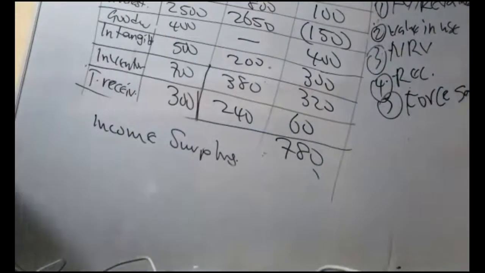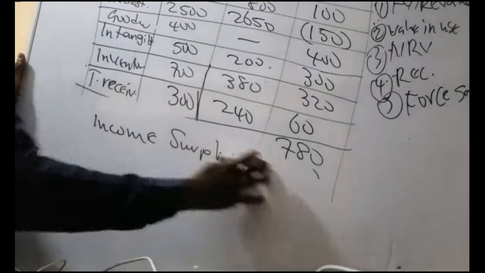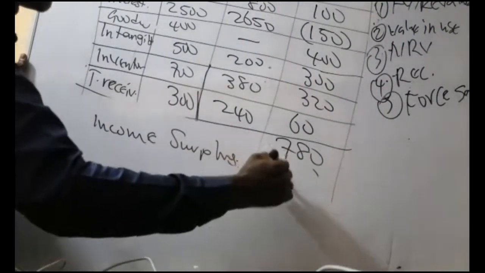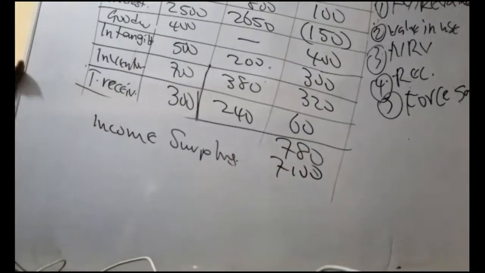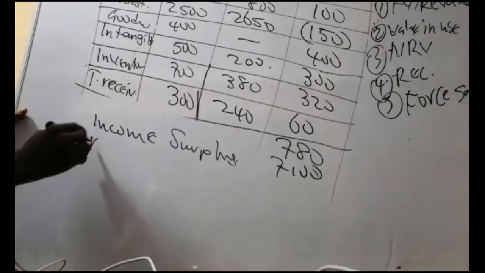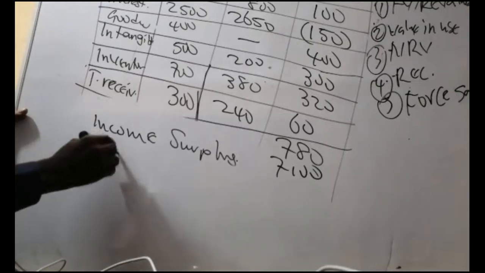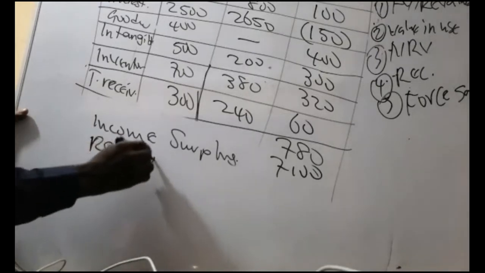Oh, we are done with the losses coming from the financial position. That's 7,100. What are the losses which are not captured in the financial statements? That's the financial position. It will be in a footnote. Example, reconstruction expenses or reorganization expenses.